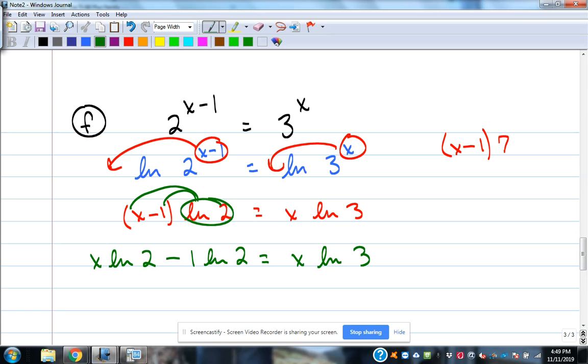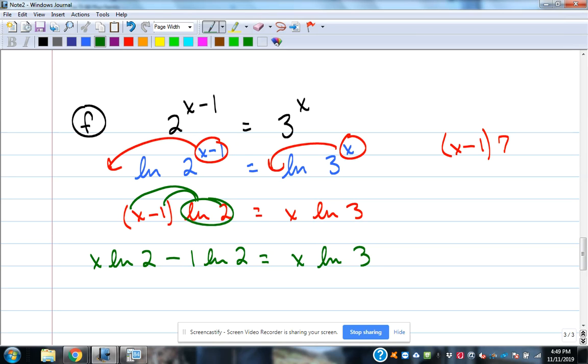All right. Now, which ones of those three things that are in that line, which two are like terms? What does it mean to be like terms?